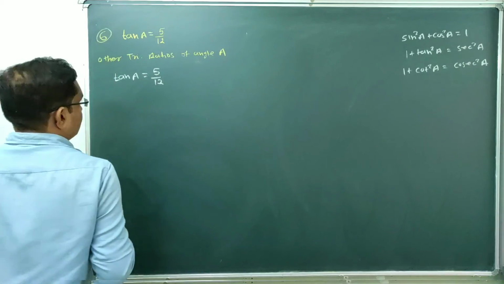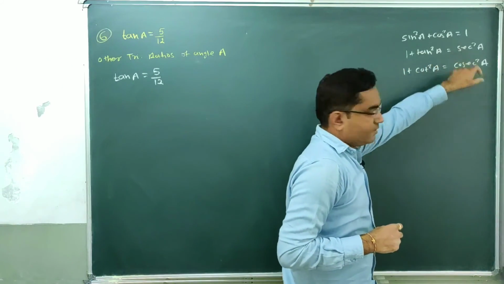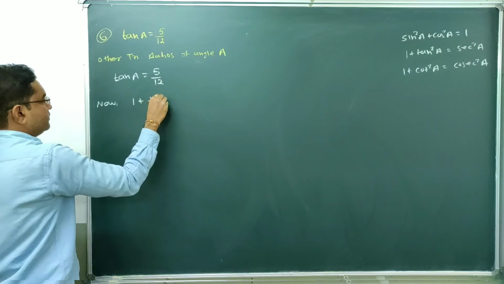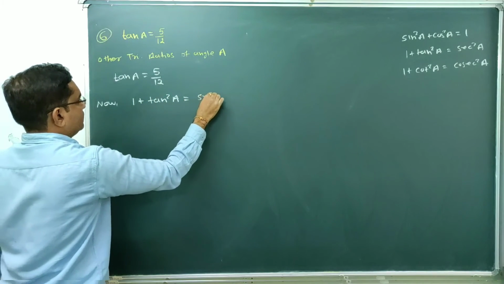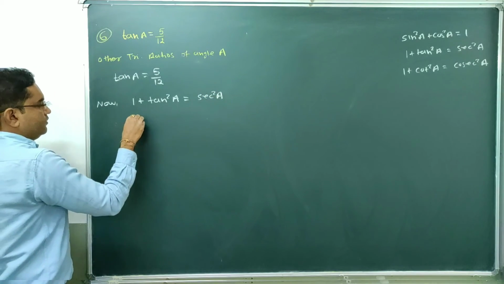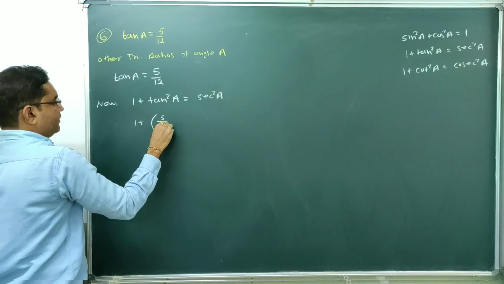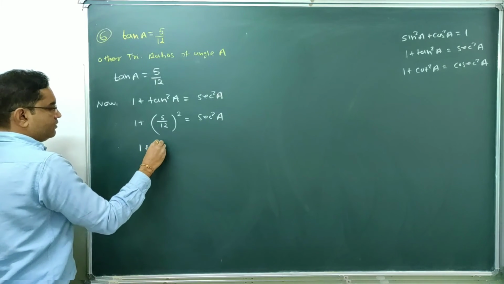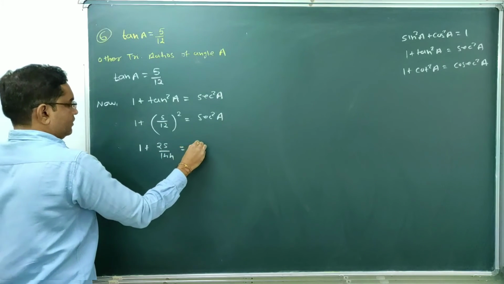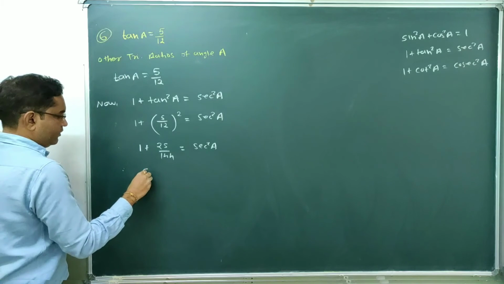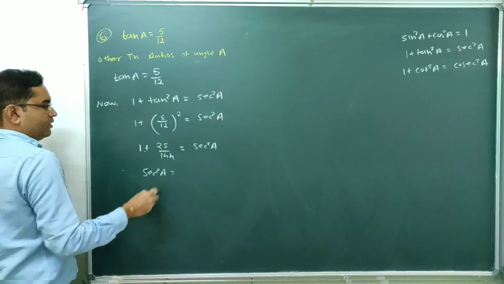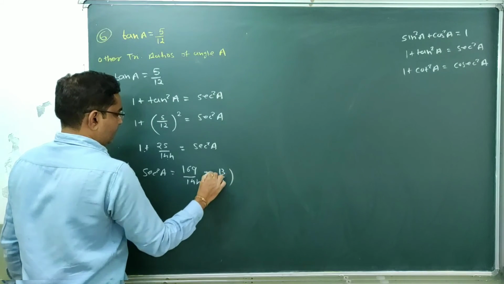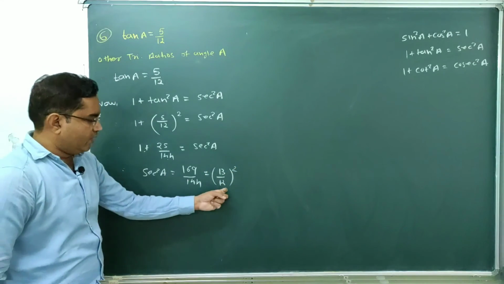So here tan A is given. By using this identity we can find sec square A. So using the second identity, 1 plus tan square A equal to sec square A. Therefore 1 plus tan A, which is 5 by 12, whole square, equal to sec square A. Therefore 1 plus 25 by 144 equals sec square A. Therefore sec square A equals (144 plus 25) by 144, which is 169 by 144, the square of 13 by 12. 13 square is 169 and 12 square is 144.